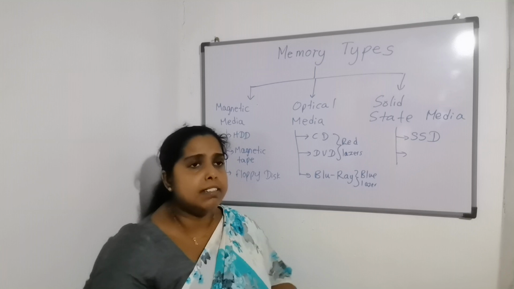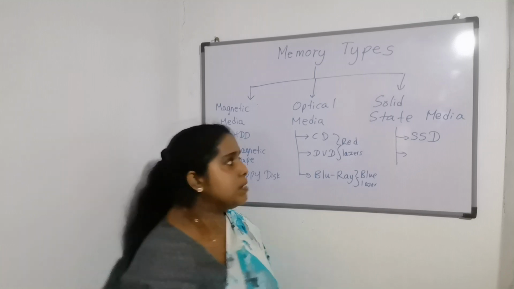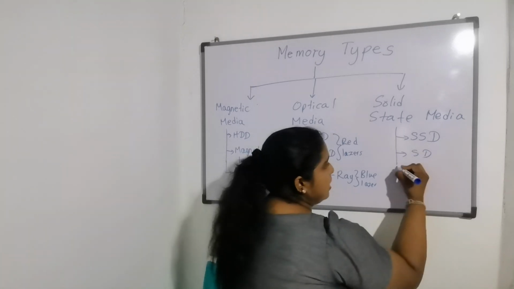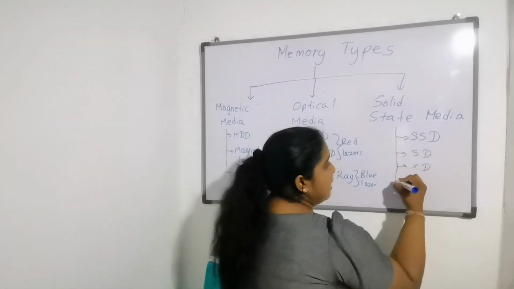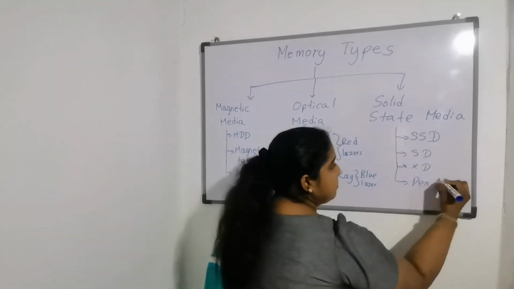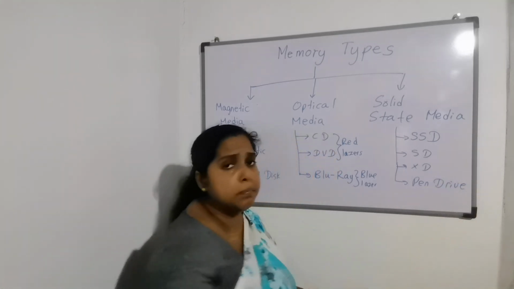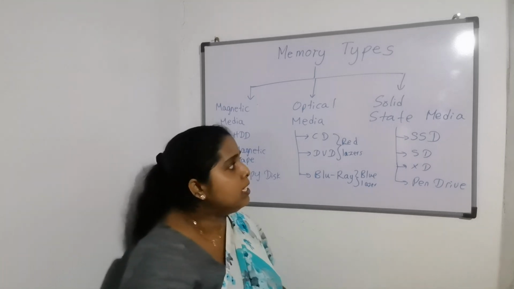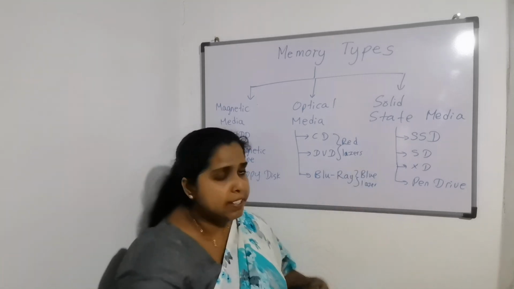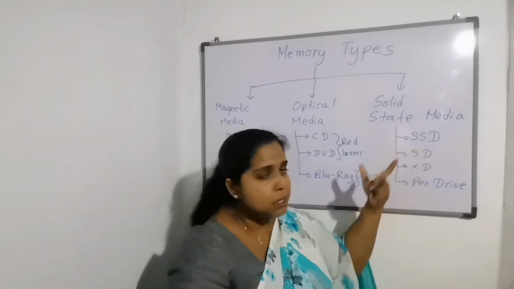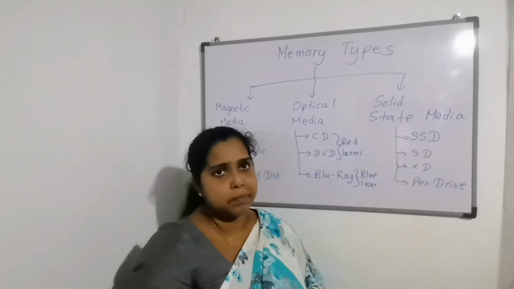Other than that, the external devices that we use are also solid state media. Those are SD cards, it can be XD cards, it can be pen drives. Why are those known as solid state media? Actually, all these devices have a circuit inside them and there are no moving parts.